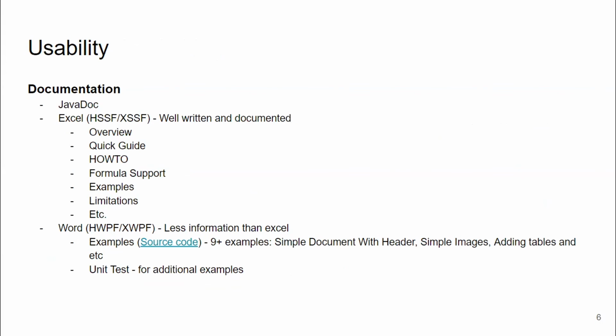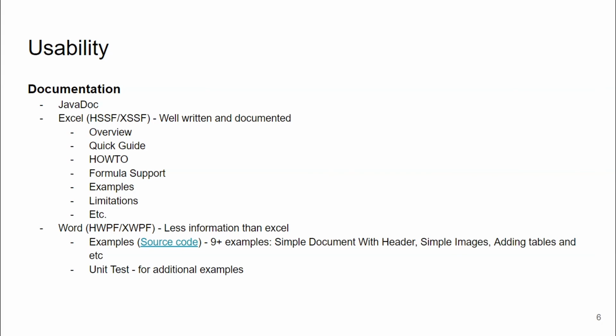About documentation for Excel, it is well-written. There are some quick guides on how to do simple stuff, with examples and instructions, formal support examples and so on. For Word, there is a bit less information than for Excel. And of course, there is some example source code you can see.